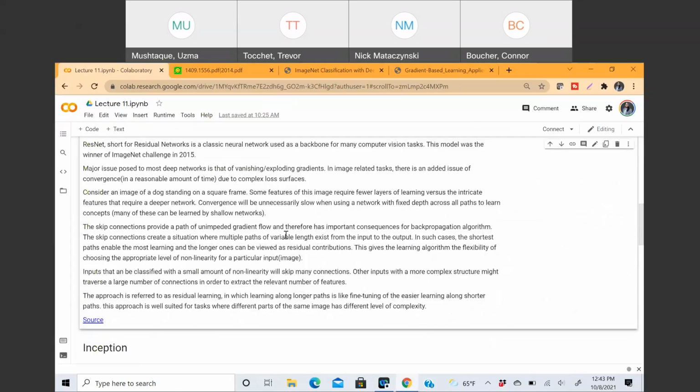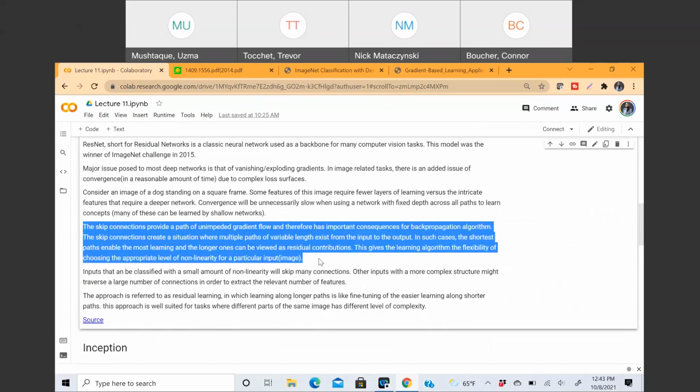If you see this part, I tried to summarize the paper. What they're saying is that the skip connection provides a path of unimpeded, unstoppable gradient flow for some part of the image, while for the others it lets the network learn slowly because you still have those connections there. That's really good for backpropagation, because when you don't need to go through every intricate step, you can skip them for the simpler ones.